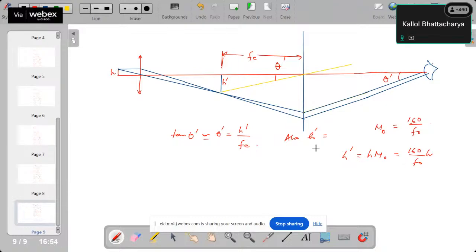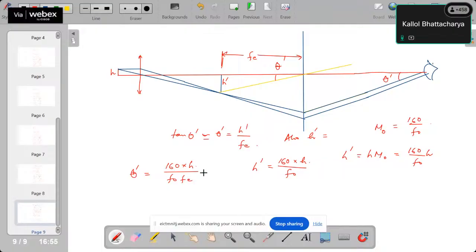So we can write H prime is equal to 160 into H by FO. Put this here so that theta prime now comes to H prime, which is 160 into H by FO divided by FE.